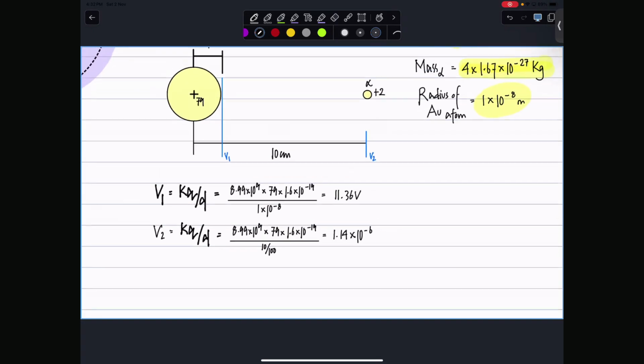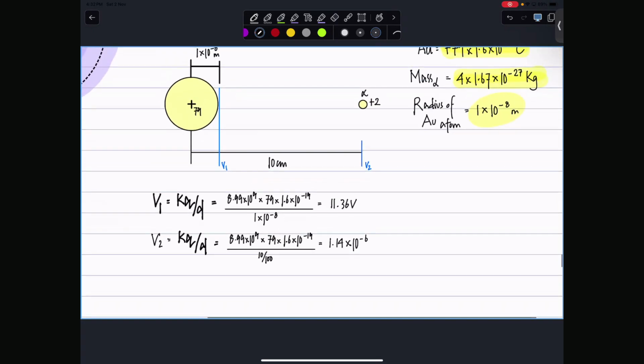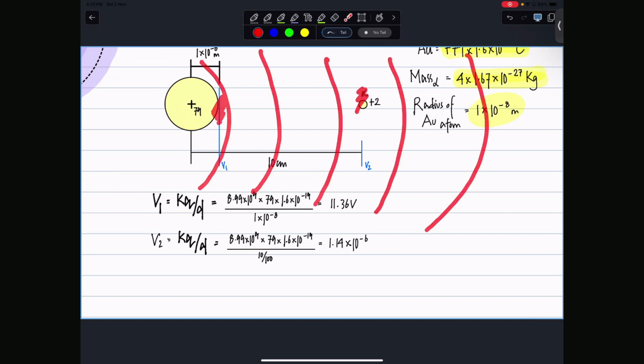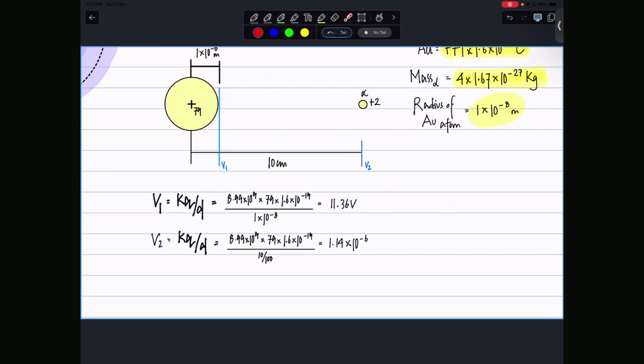Why is it 79? 79 because we are finding the field of the positive charge here. So we're finding the potential in the region around the 79. 79 is the charge of the gold nucleus.